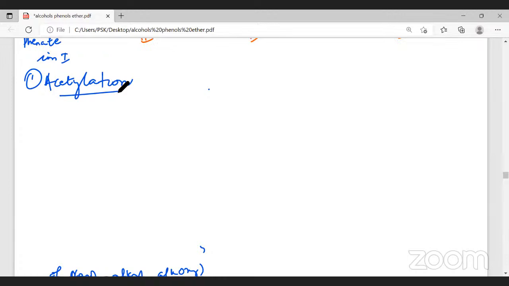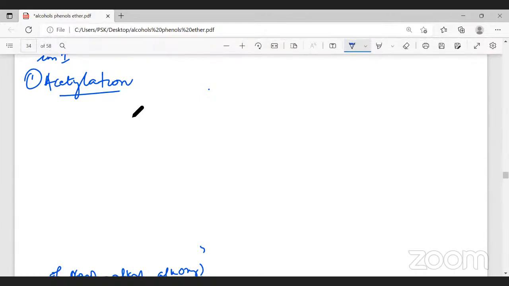Some of the reactions of phenols. The first reaction we're going to learn is called acetylation. What is this acetylation? Reacting phenol with acid chlorides is called acetylation. We can represent a phenol like this.